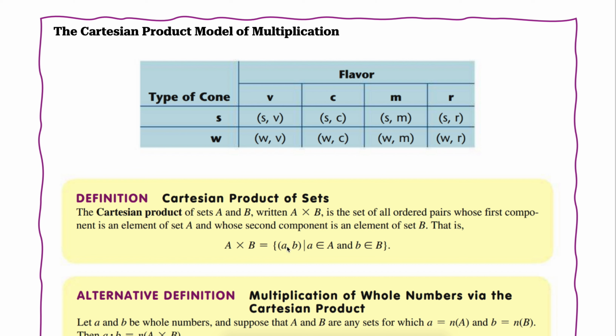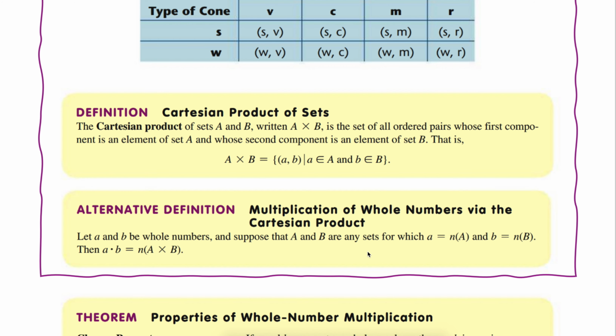The first value in the ordered pair comes from set A, second from set B. And then if we deal with the cardinality of the sets, it says let A and B be whole numbers. Suppose that set A and set B are sets for which small a is the number of elements in set A, lowercase b is the number of elements in set B. Then if you take lowercase a times lowercase b, so the number of elements in each set is going to equal the number of elements in the Cartesian product of those two sets.